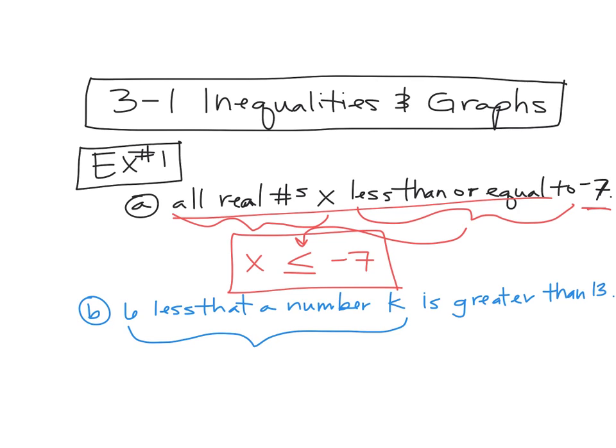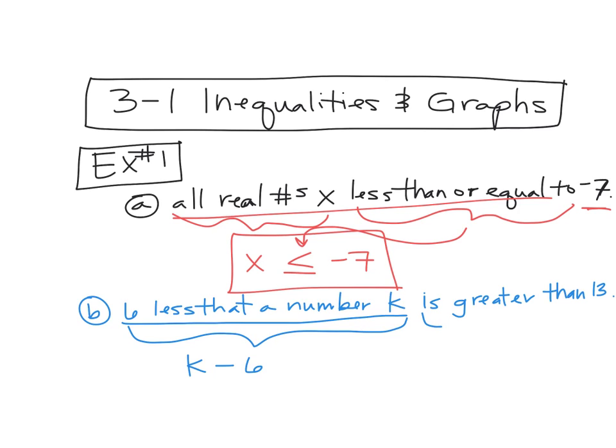We flipped them, right? If I say 2 less than x, are we adding or subtracting? We're subtracting, right? So when they say 6 less than a number k, that's k minus 6, okay?